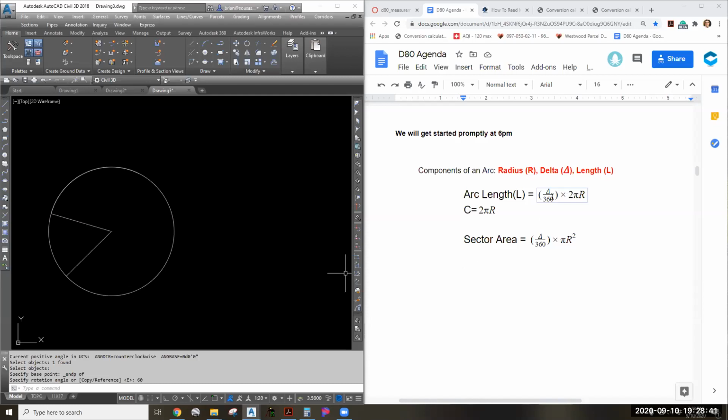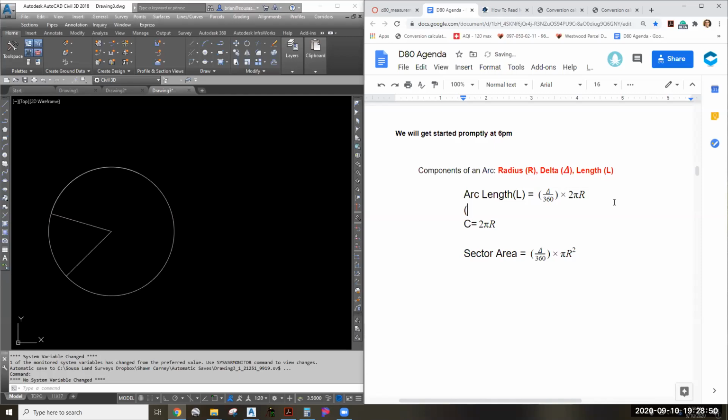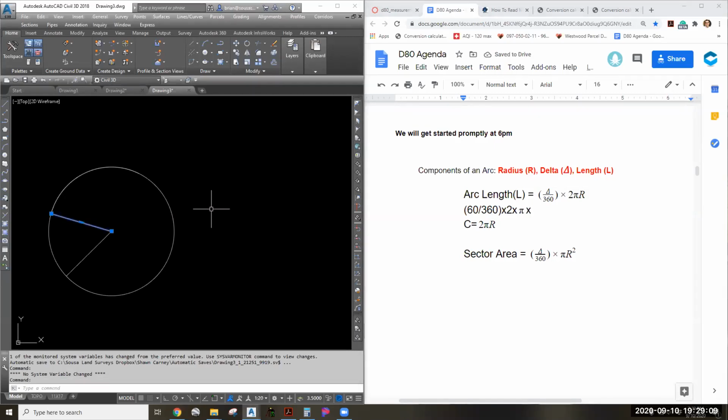So this essentially would be 60 divided by 360 times 2 times pi times the radius, whatever the radius happens to be.